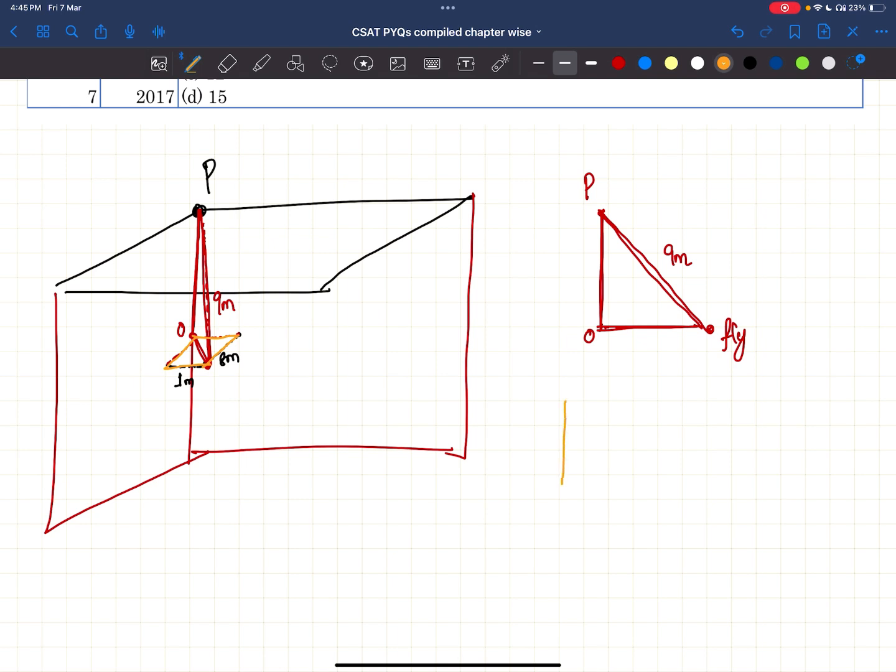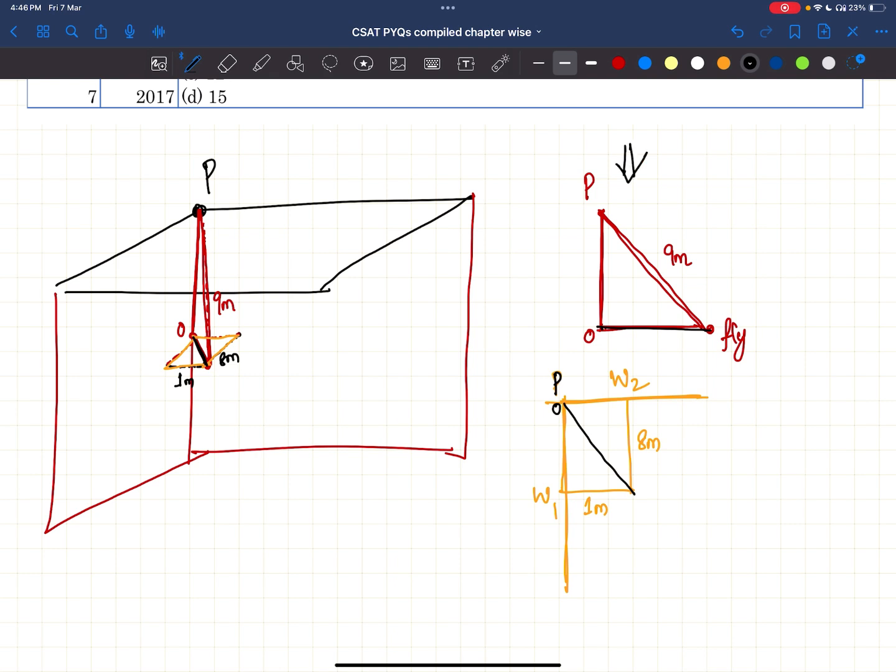From the top view, it is 1 meter from wall 1 and 8 meters from wall 2. This is wall 1 and this is wall 2. This will be point P from the top view. This will be O. P point and O point will coincide when we are seeing from here, top view.